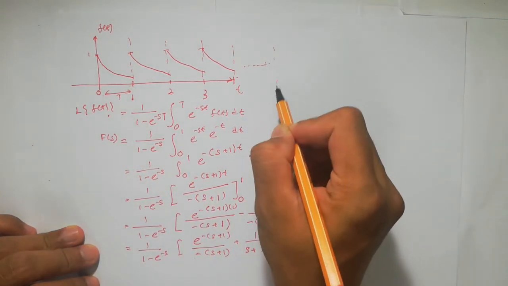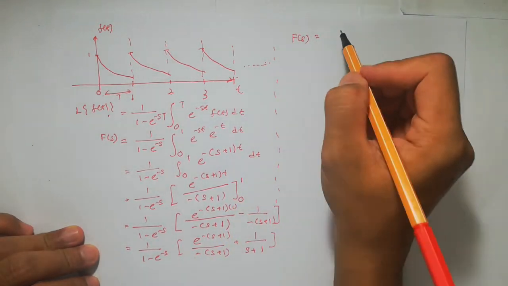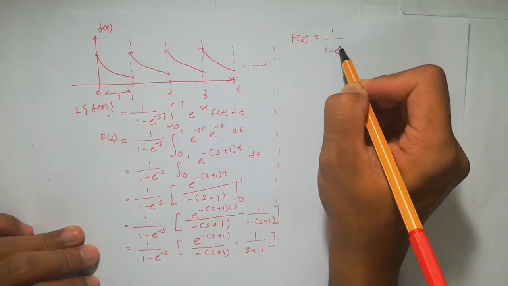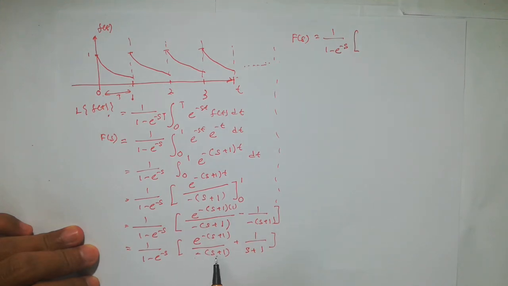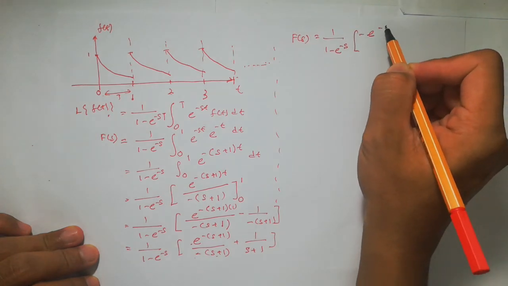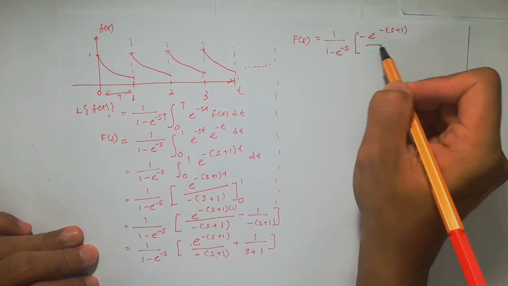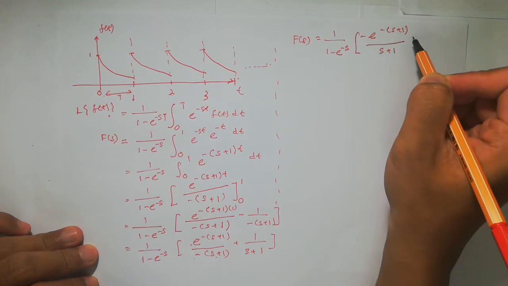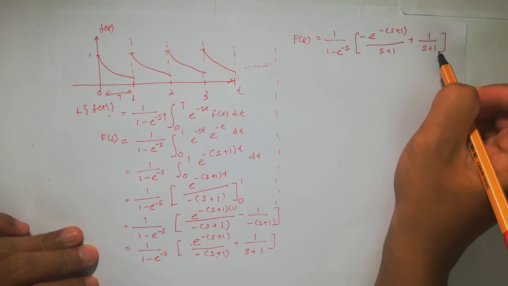Continuing from this one, you have 1 over 1 minus exponent negative s, and now we move the negative to the top so that we can make the denominator equal, so you have exponent negative (s plus 1) divided by (s plus 1), and then add 1 over (s plus 1), right?